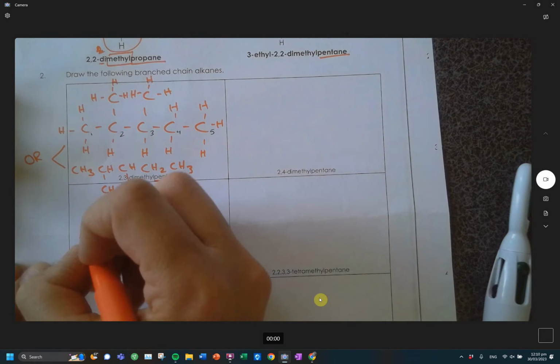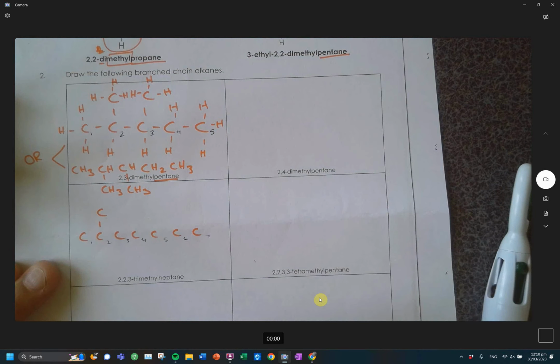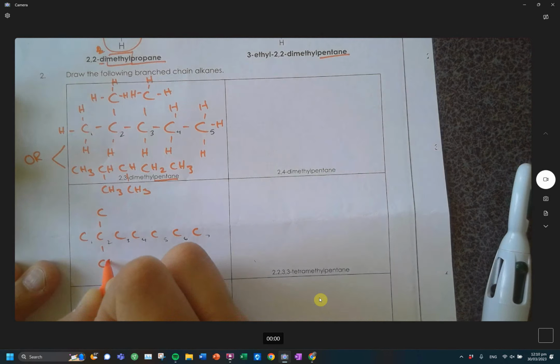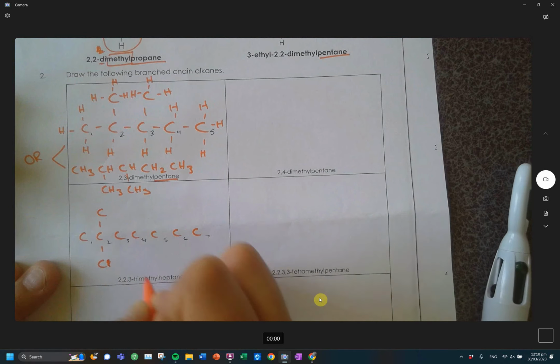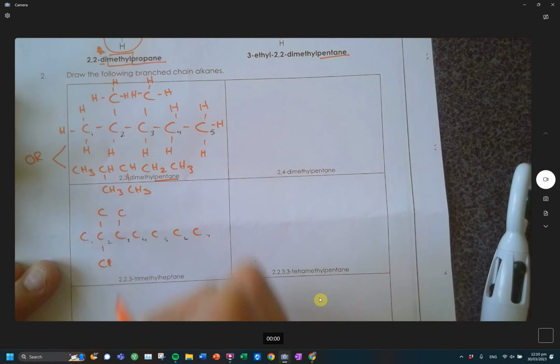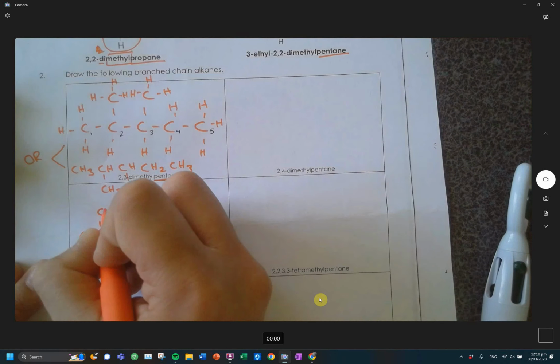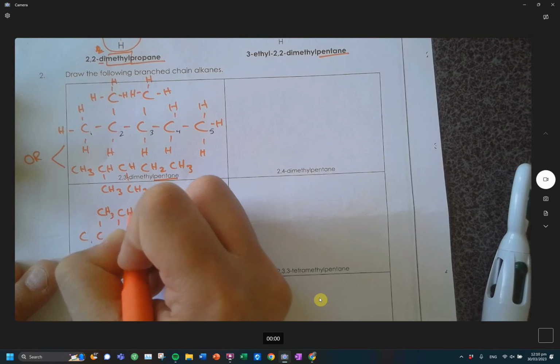So on carbon number 2, I'll have another carbon branching off. Carbon number 2, I'll have another carbon branching off. And then carbon number 3, I'll have another carbon branching off. Cool. And then I put in the hydrogens. So I know the methyls coming off will be CH3s.